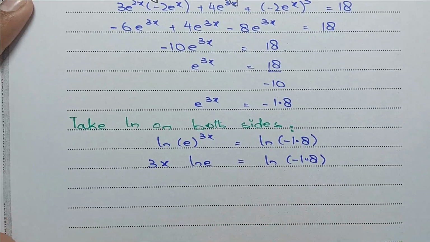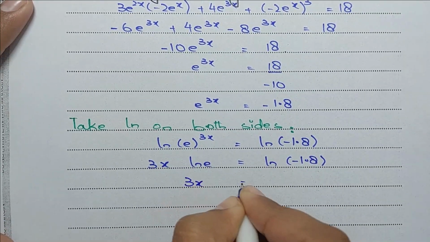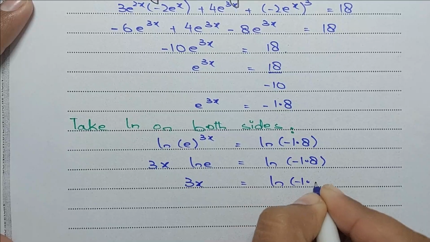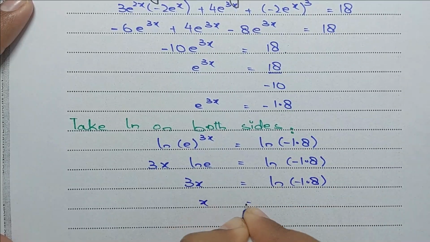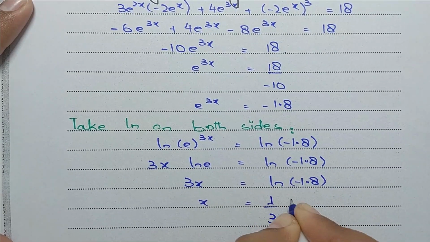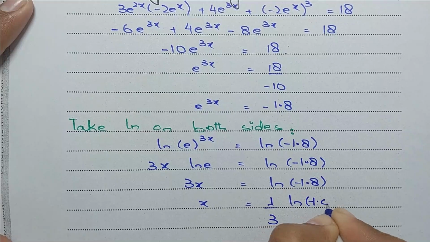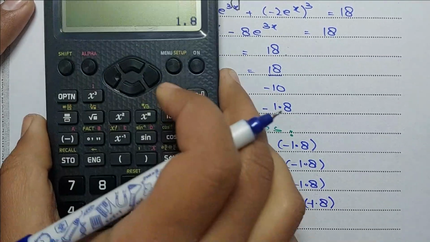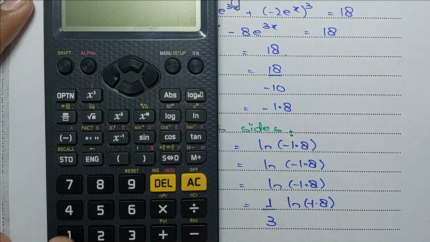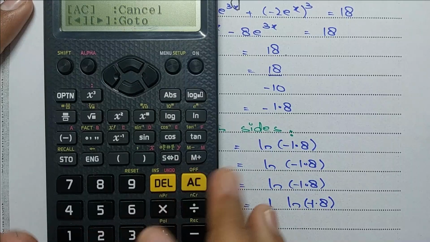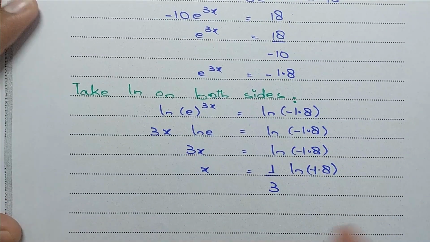Natural log of e is just 1, so 3x would be equal to natural log of minus 1.8. So what is x? X is 1 over 3 natural log of minus 1.8. So you can easily check that natural log of negative 1.8 does not exist, right?